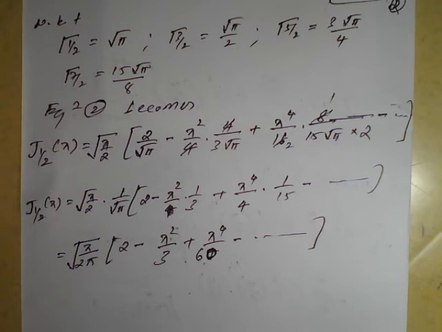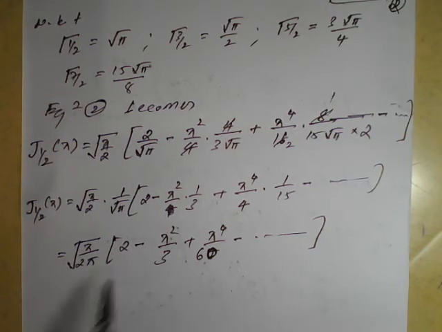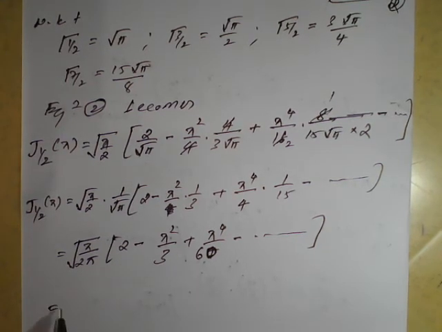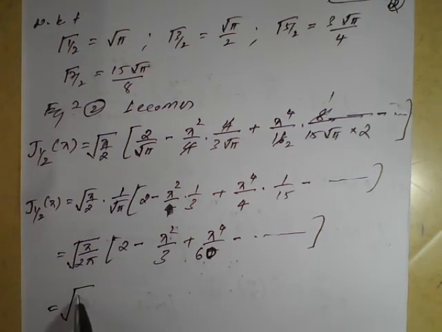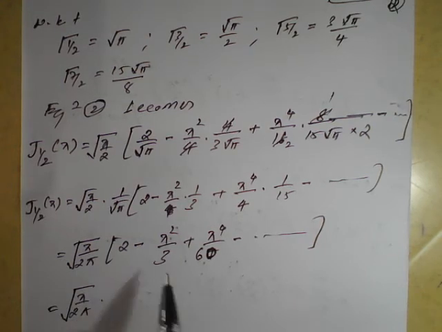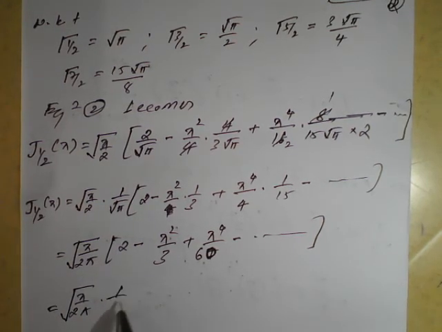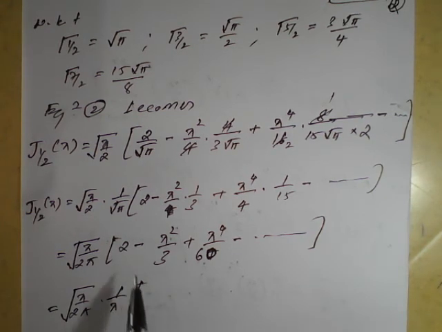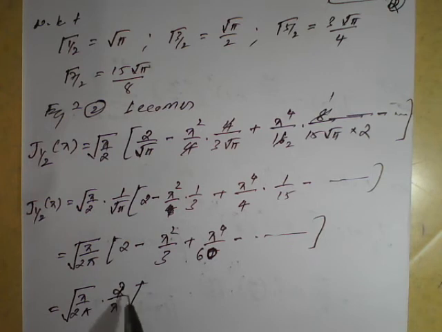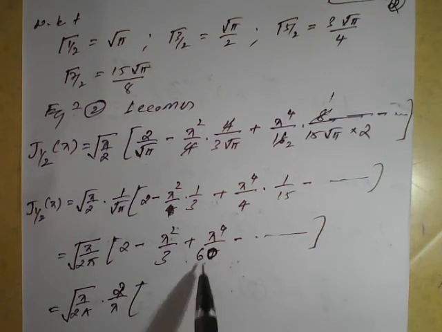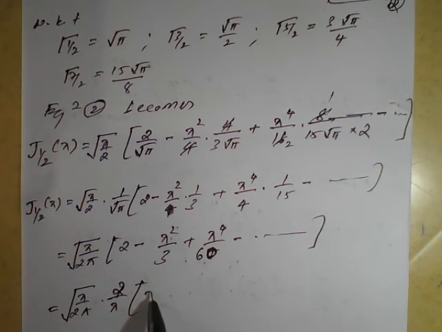So with this, among this I want to take x common. If I take 1 upon x common, square root of x upon 2 pi into, among this I want to take 1 upon x common. So better I will take 2 as well as 2 upon x common from this bracket. If I take 2 upon x common, what is left here is x.